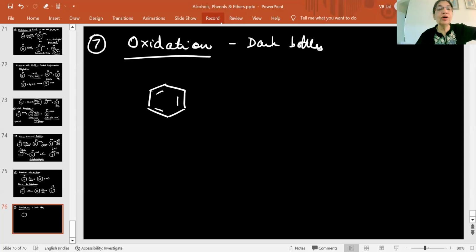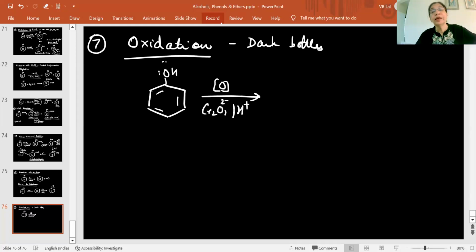So this is phenol, OH. And in presence of any oxidizing agent, even with air, you can take Cr2O7 2- and H+. It will get oxidized into a compound like this.